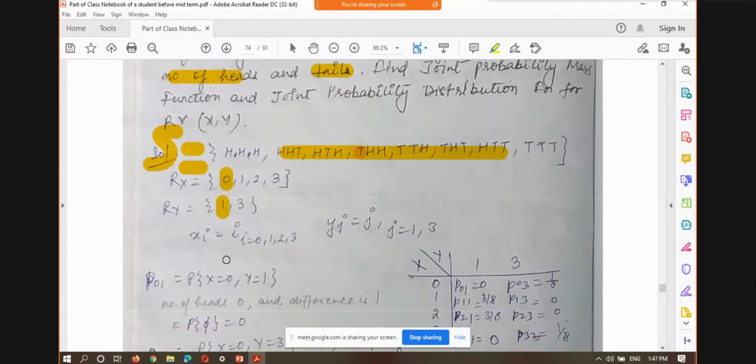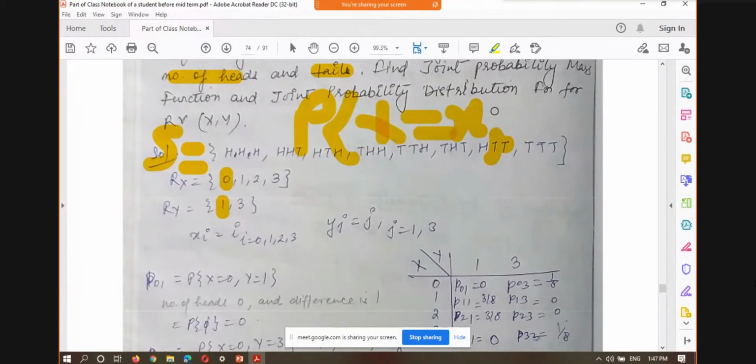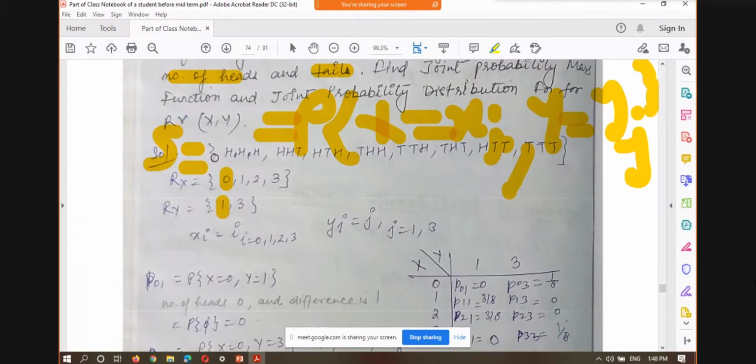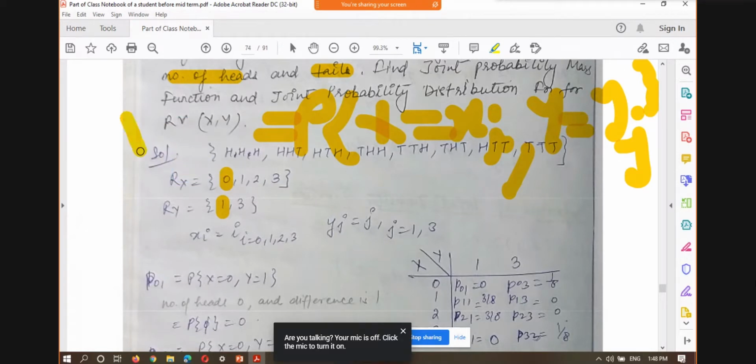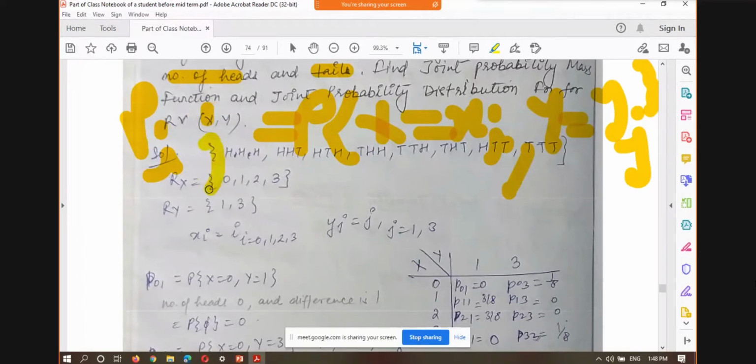Now, for notational convenience, I write x equals xi so that it is easy to remember in the case of a single random variable, and if there are two random variables I write y equals yj, and I denote this as pij for the case of discrete random variables, not for continuous ones.